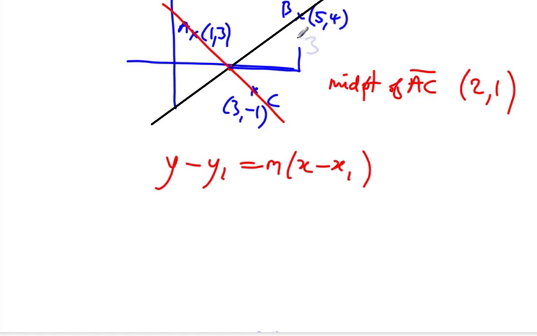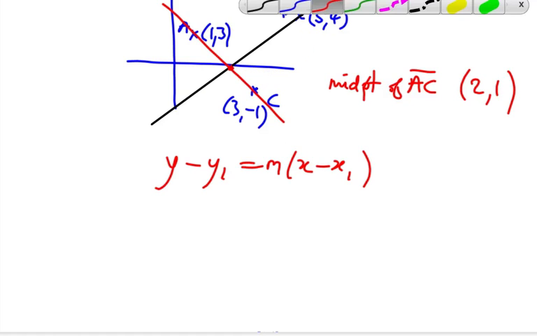This bit from here to here, that's 3 and that's 3. Can everyone see that? Gradient is 1. So m equals 1. And your calculator will give you a equals 1 if you do the substitution. Now, if that's 1, then we choose one of our points to substitute in.